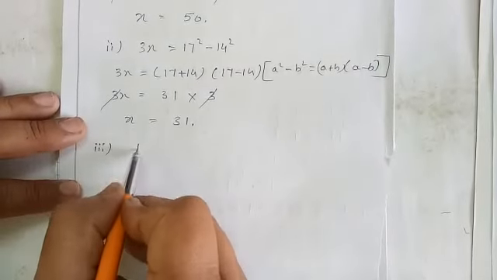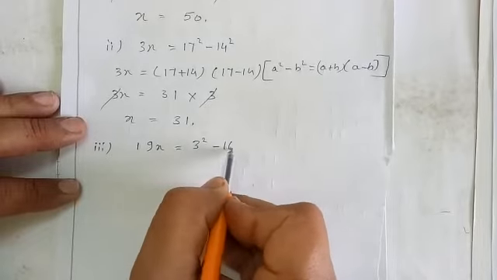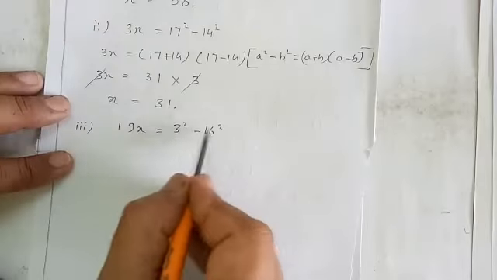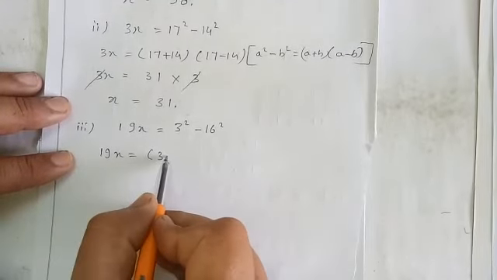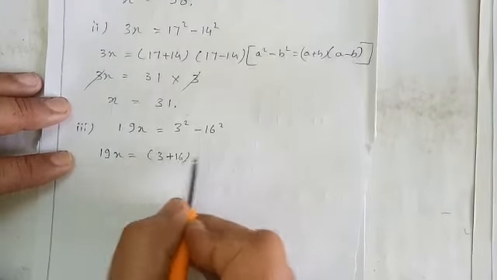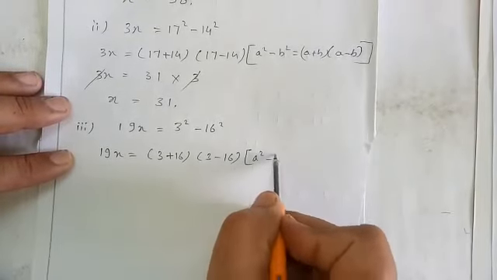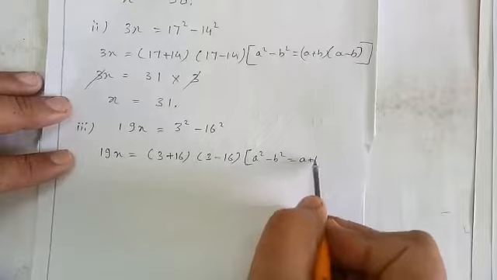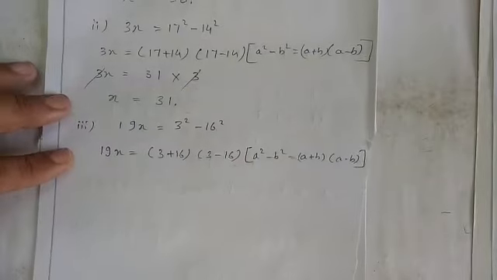Third question, 19x equal 3 square minus 16 square, a square minus b square. So 19x equal 3 plus 16, 3 minus 16. It is also in the same formula, a square minus b square, a plus b, a minus b.